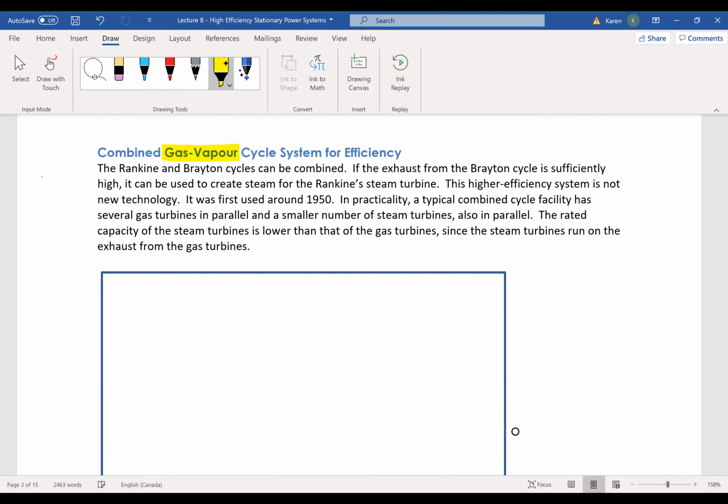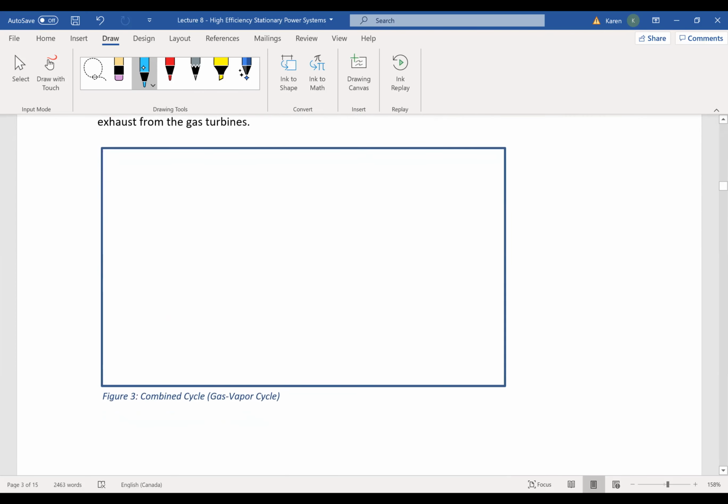The gas vapor cycle essentially combines the two cycles we just did and makes one system that is more efficient because it uses the heat that comes off the gas turbine in order to make the steam for the steam turbine. So let's draw the system that we just had, where we had this combustor. And there's the flames.